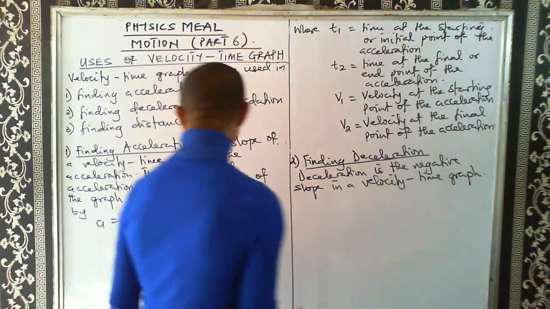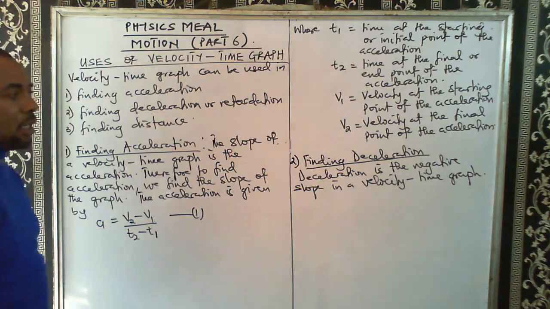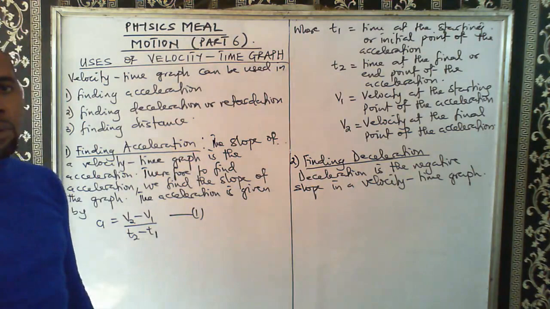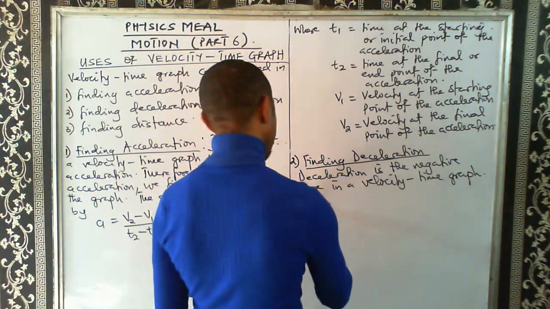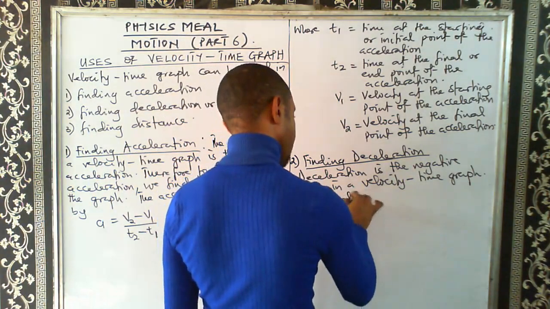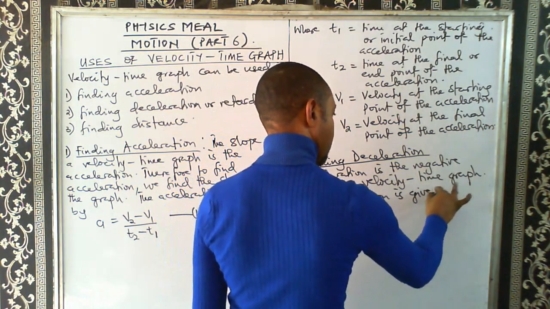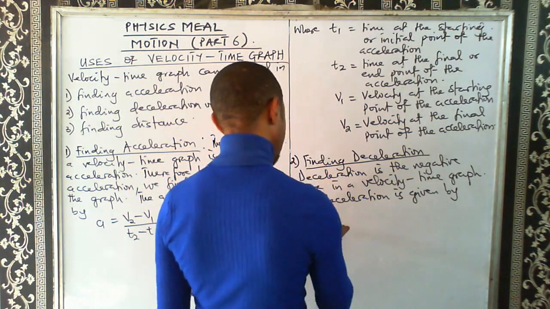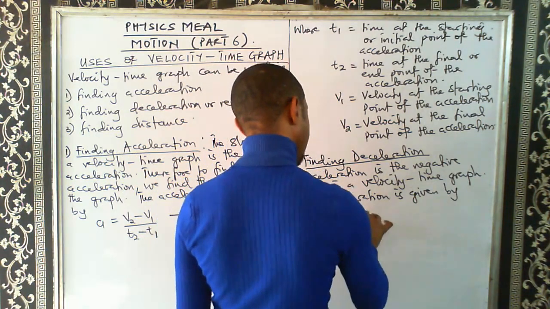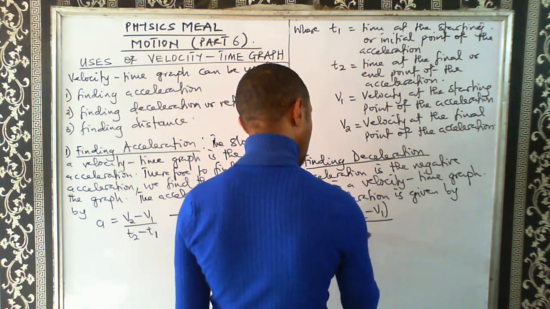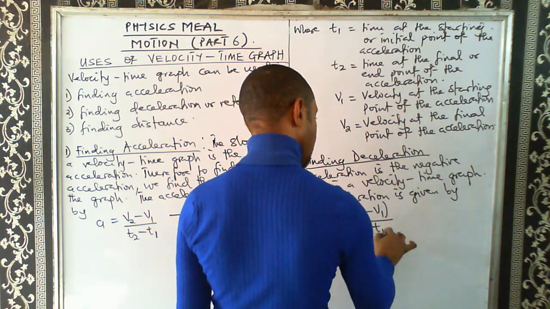So if you go to the point where we have deceleration, it is the negative slope. The deceleration is given by A equals minus bracket V2 minus V1 all upon T2 minus T1.